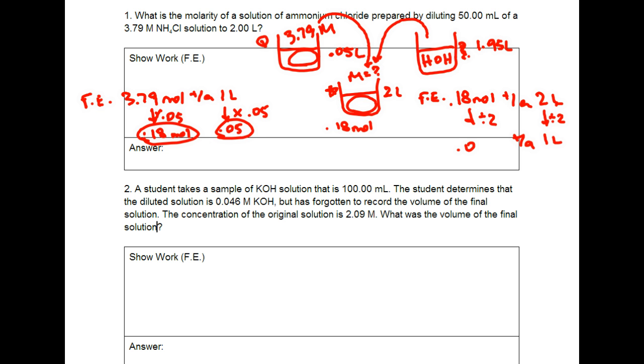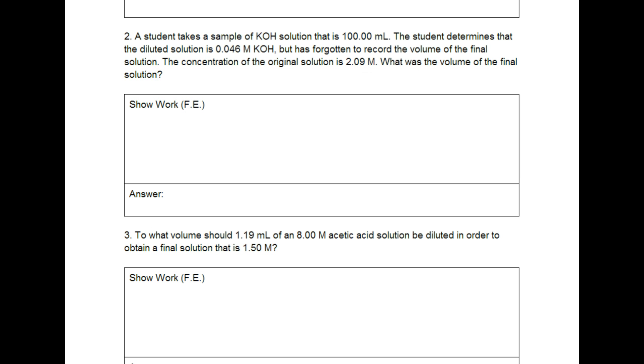And what we should get is 0.094. So this for every statement, because it ends in the 1 liter, is actually the molarity. So the molarity of that solution is 0.094.